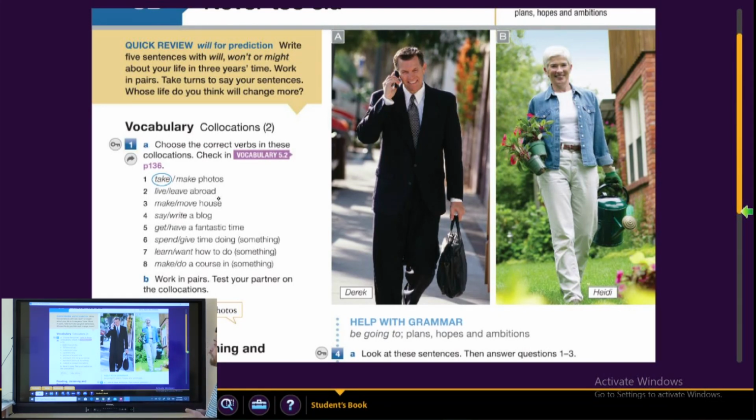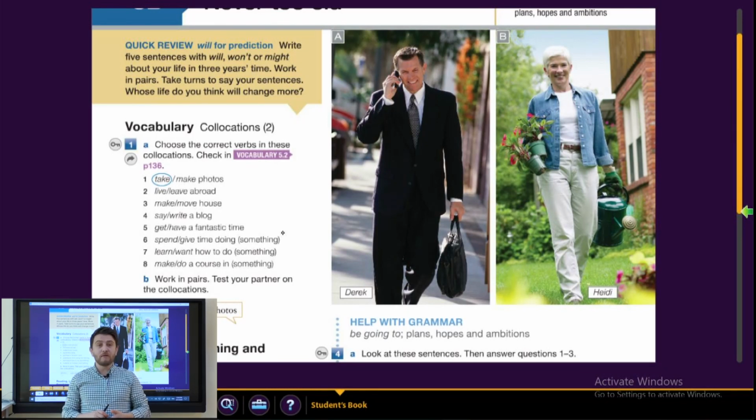And number four, say a blog or write a blog. You write a blog. On a blog, people write their experience.